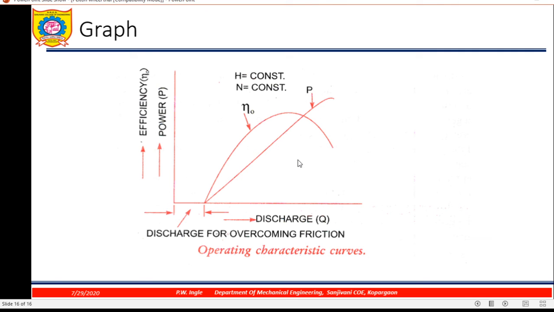If possible, I will take the reference of last year's journal readings and we can complete the calculation part, so that you understand how we calculate the overall efficiency, discharge and power, and how to plot the graph. Right now we'll stop here. Thank you.